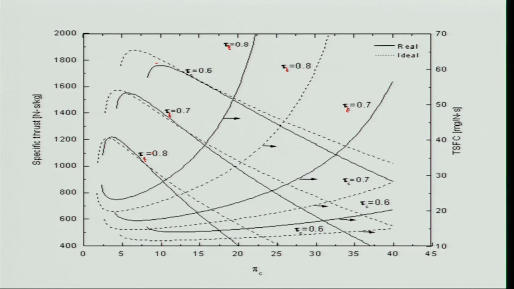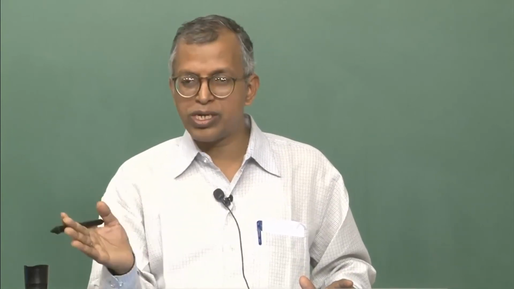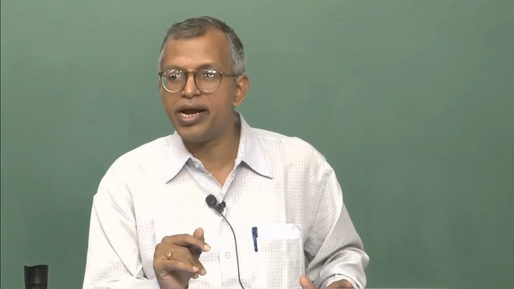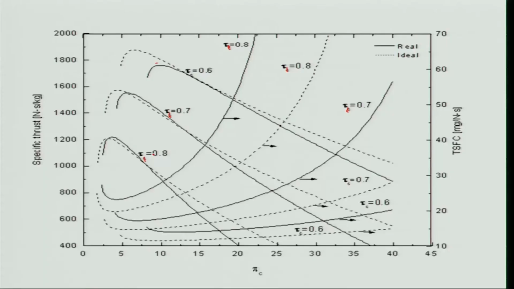That means the temperature ratio is the other way around, because it is defined as downstream divided by upstream of a component, right, that we always define. So a smaller value means expansion is low, higher values means expansion is more, right.